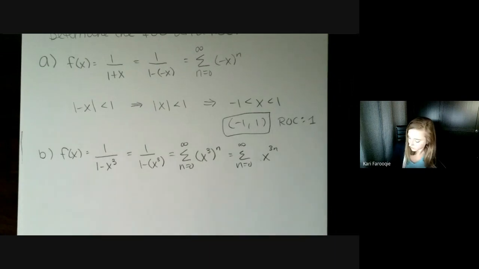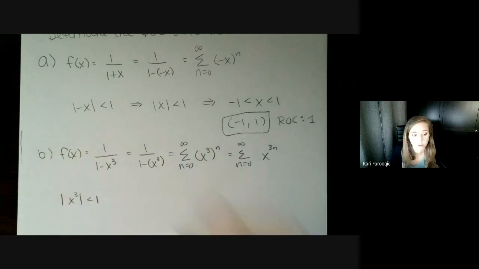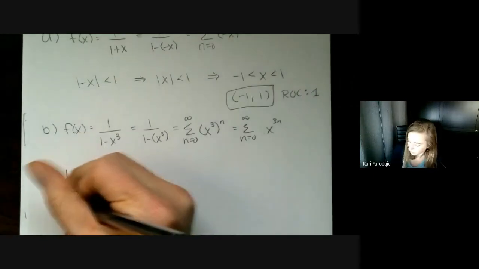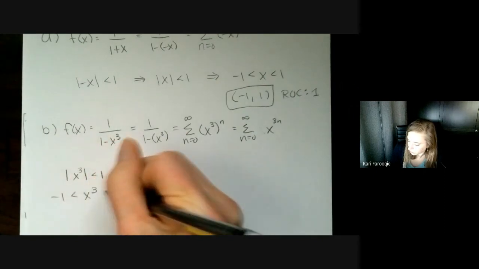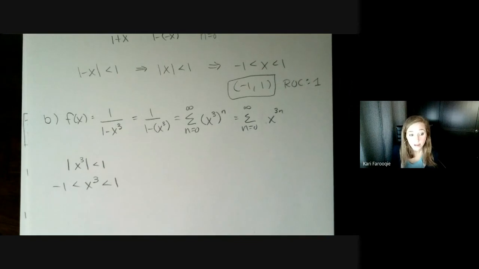And then you're going to get your interval of convergence by taking this quantity that's being taken to the nth power, and I'm going to use this form for that. You're going to take its absolute value and force it to be less than 1, which means that you have x cubed being between -1 and +1. Now, to solve for x in your inequality, you're going to take the cube root in all 3 parts.